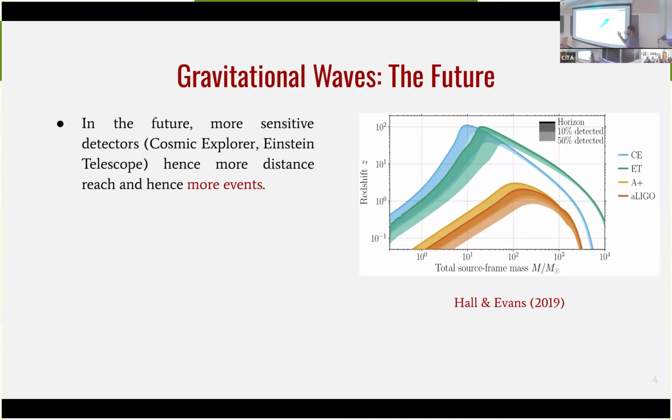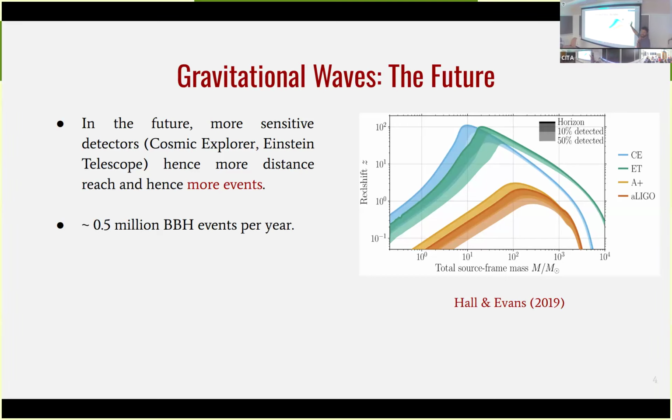Also, with one eye toward the future, there are plans to build much more sensitive gravitational wave detectors on the ground, such as Cosmic Explorer and Einstein Telescope. These are expected to have a very high distance reach, and hence many more events. On the right, I'm showing the horizon redshift of these mergers as a function of mass. If you look at the ET plot, for roughly 40 or 50 solar mass black holes, you can see up to a redshift of 100.